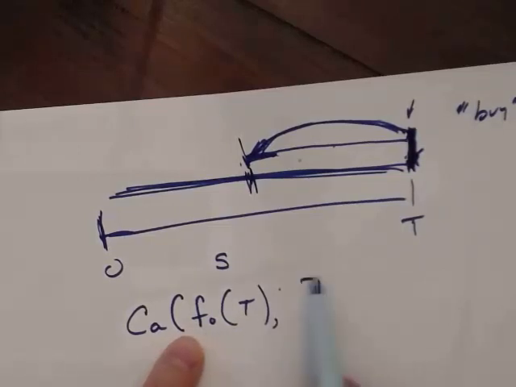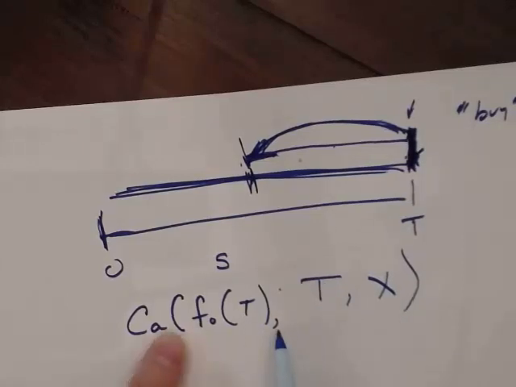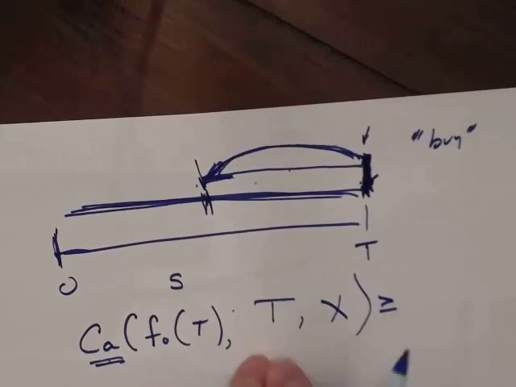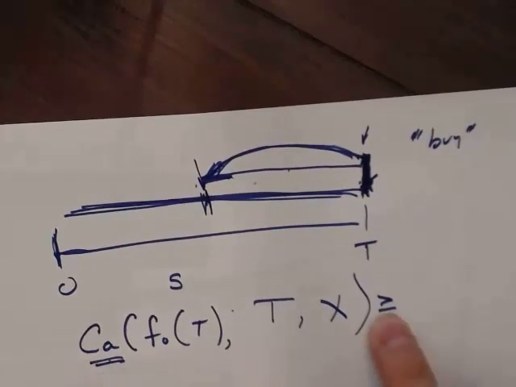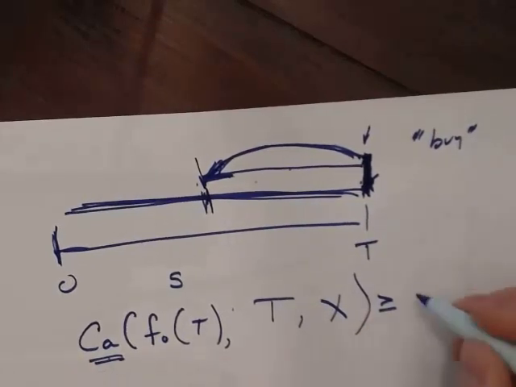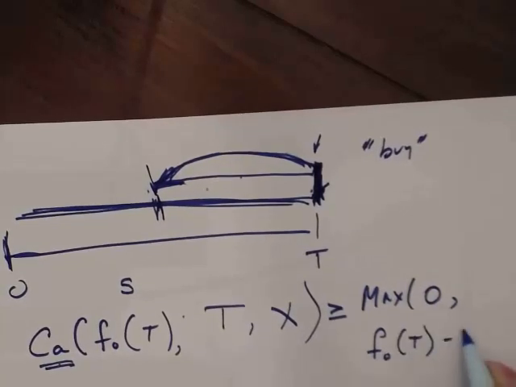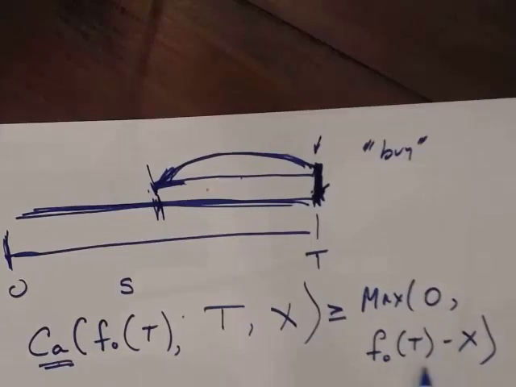We're looking at time to maturity and X. So those are the three main variables that are associated with valuing this American call, and the intrinsic value is going to be, in other words, this is basically a lower bound. You see that greater than or equal sign? It's telling us it's a lower bound. It's the maximum of 0 or, I'll write it down here. Okay, it's the maximum of 0 or the difference between the futures price and the strike price.